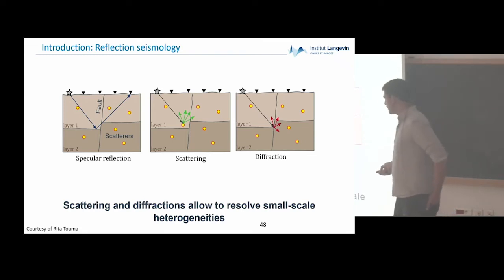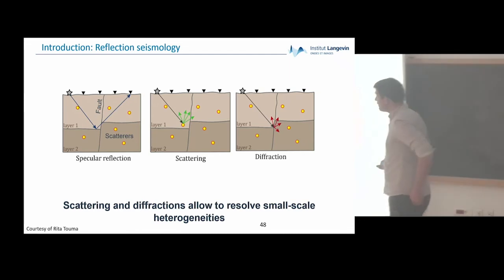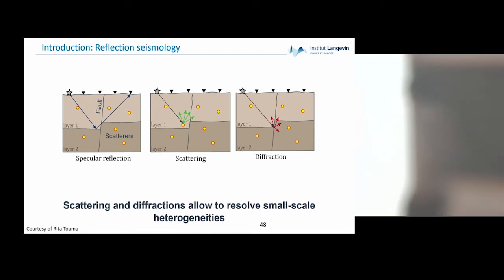This scattering and diffraction are generally not really used or resolved by migration techniques. And here, this is what we are going to use to learn how to focus inside the medium, and this is what we are going to image as well. We'll see that there is a lot of information inside these contributions.